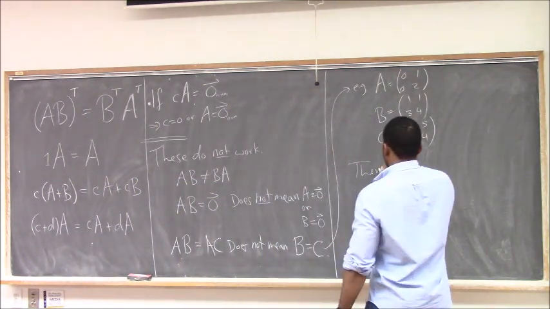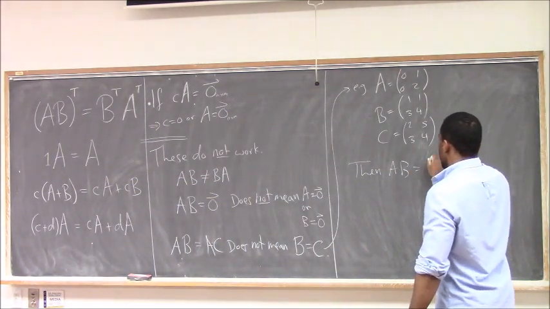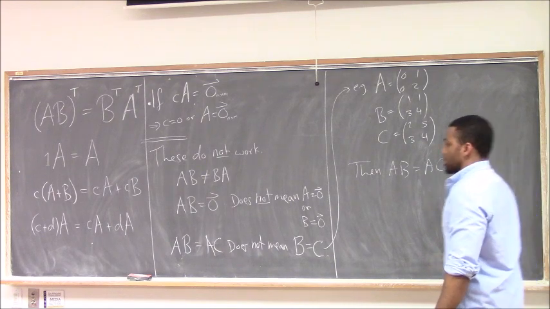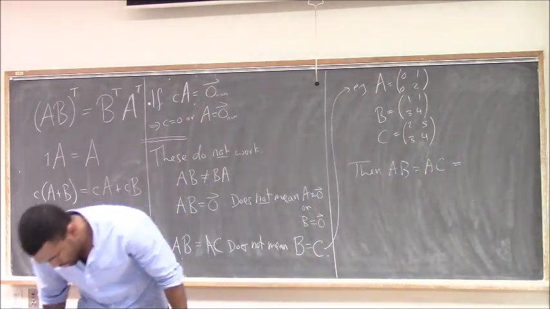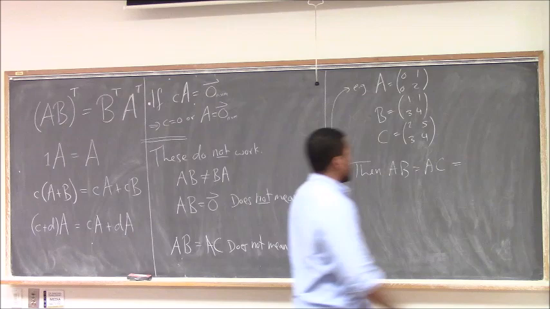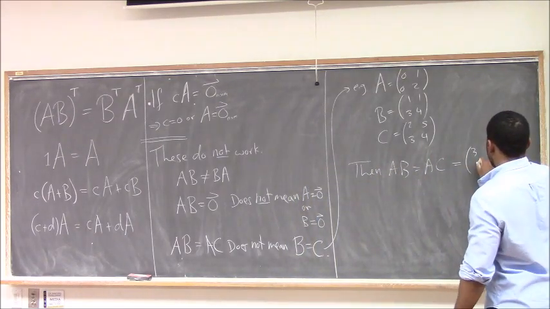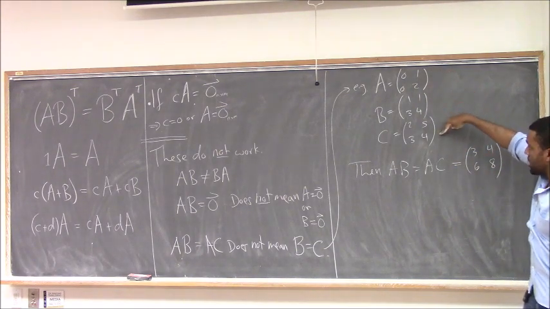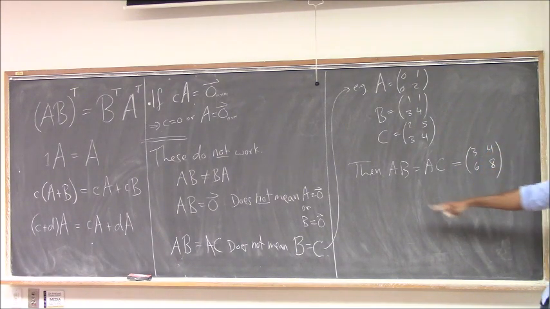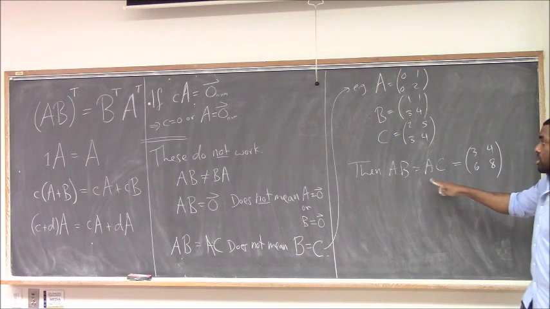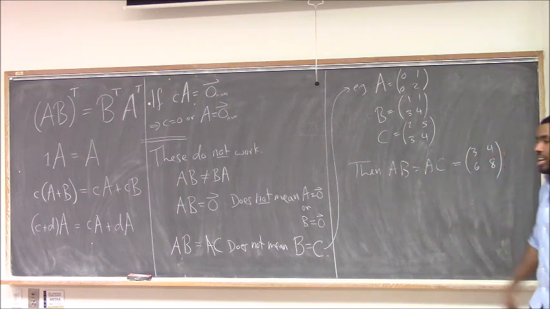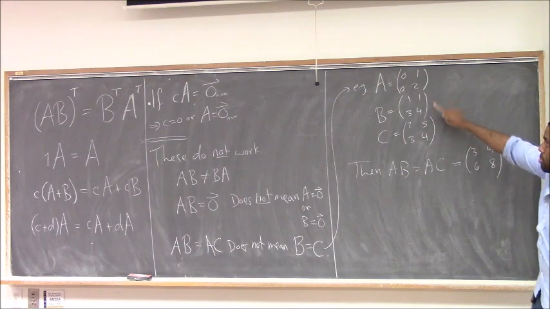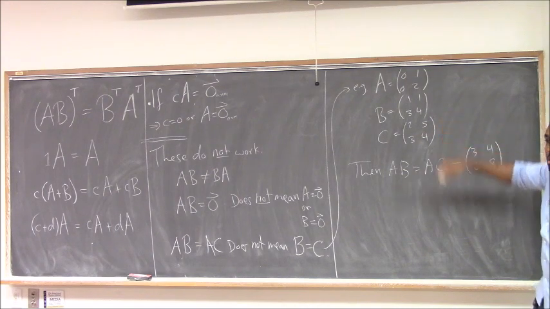A times B is 3, 4, 6, 8. A times C is also 3, 4, 6, 8. So AB is equal to AC, but clearly I cannot cancel the A's because B and C are not equal.